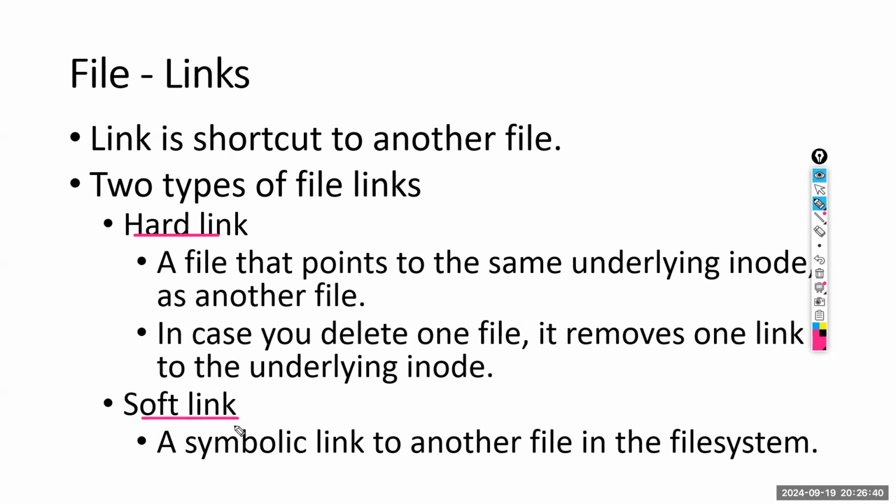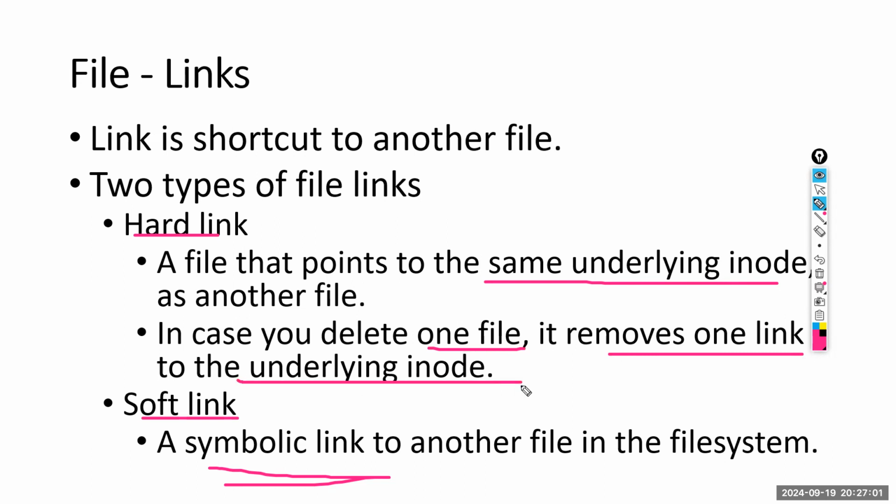Okay. A soft link is a symbolic link, whereas a hard link points to the same underlying inode. We call them inodes in Linux. Okay. So in case you delete one file, it removes one link to the underlying inode.